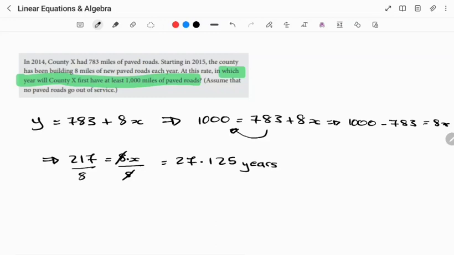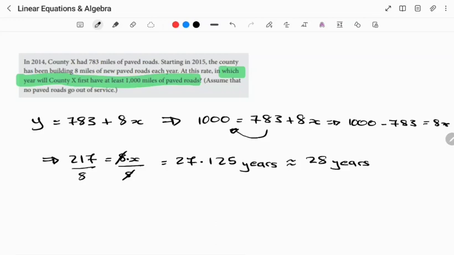Now, in a question like this, you are not expected to represent the decimals in your answer, because there is nothing like 0.125 years. We can change it into days or months or some other form of time. So instead of saying 27.125 years, we're going to round it up to 28 years.